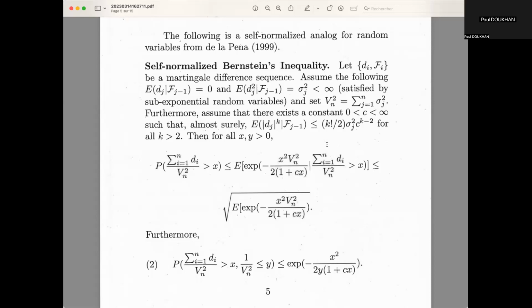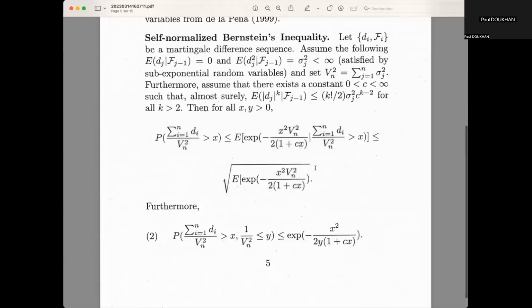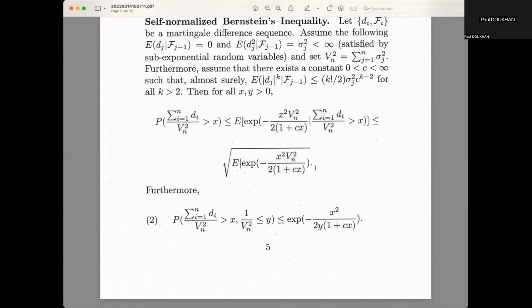So you have the martingale over the conditional variance bigger than x, and 1 over the conditional variance less than y, and from that you get an exponential inequality which reduces to Bernstein's inequality if the conditional variance is a constant. So it's a sharp extension. Now, let's go to the next slide.